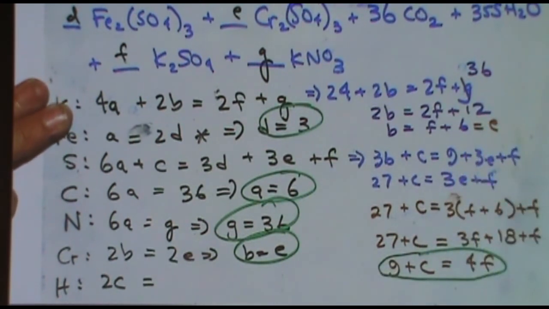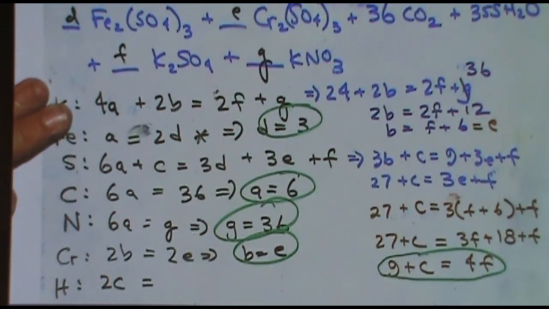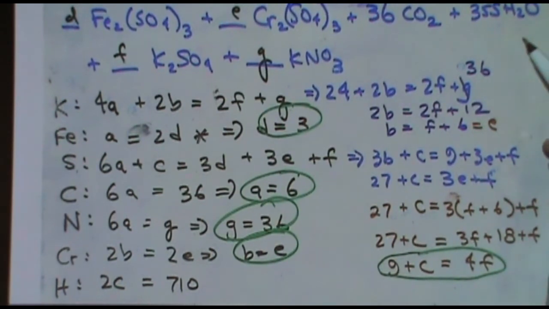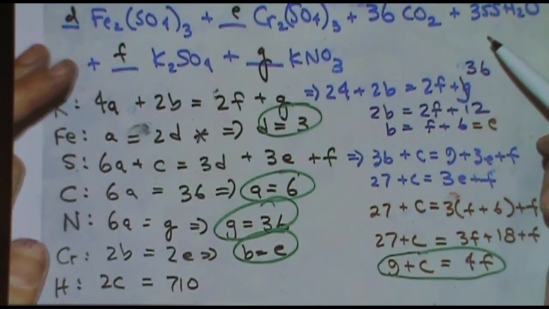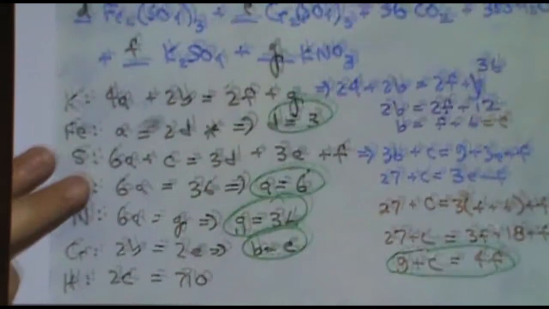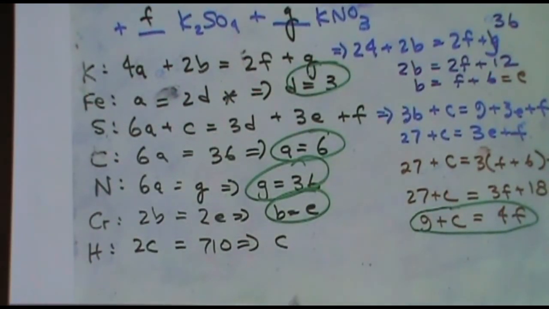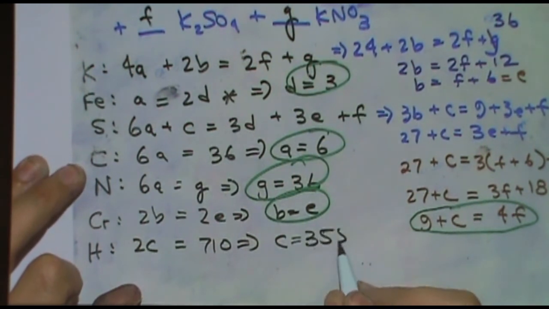What's that number? 710, right? Okay. All right, you work on that. Did I miss any? There's no more H's, right? Oh, sweet. C is 355. Look at those math savants out there.